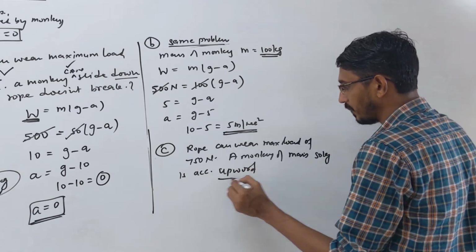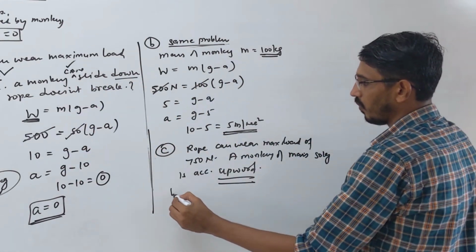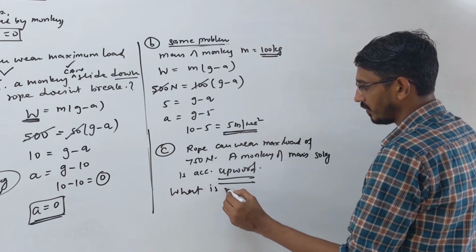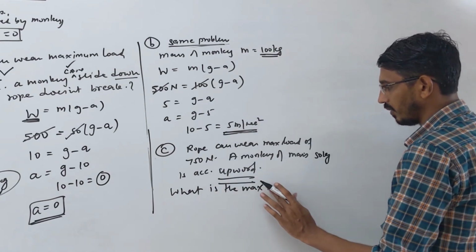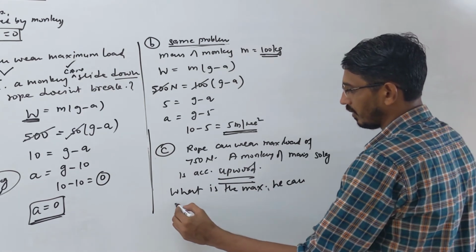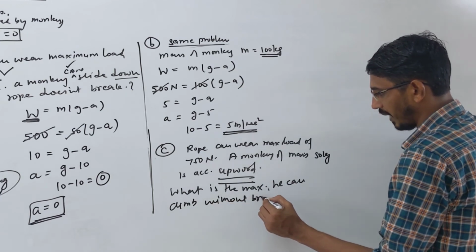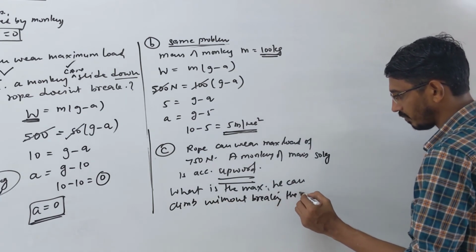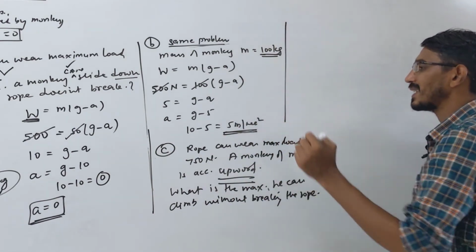So I am talking now about upward, whereas I discussed downward before. What is the maximum acceleration with which he can climb without breaking the rope? We don't want to break the rope, so what should be his maximum acceleration?